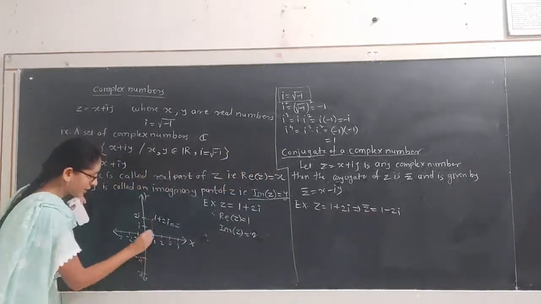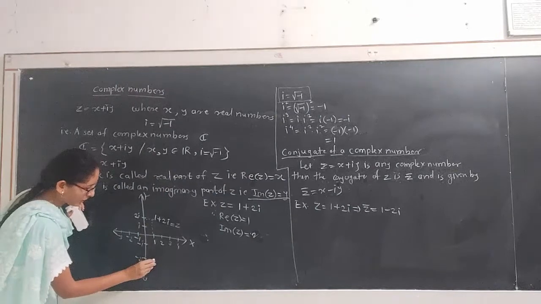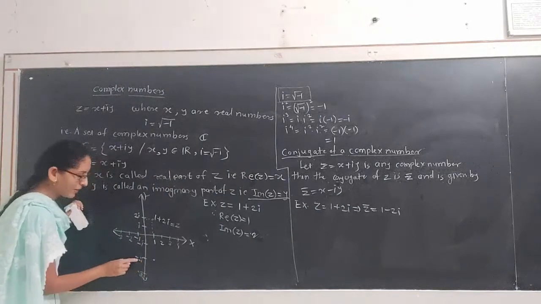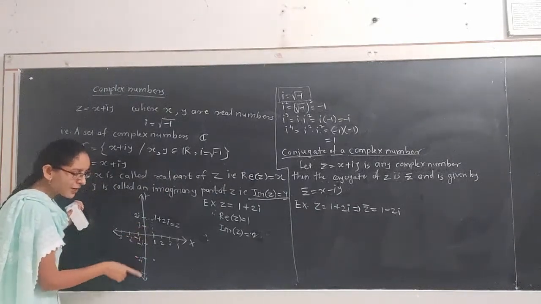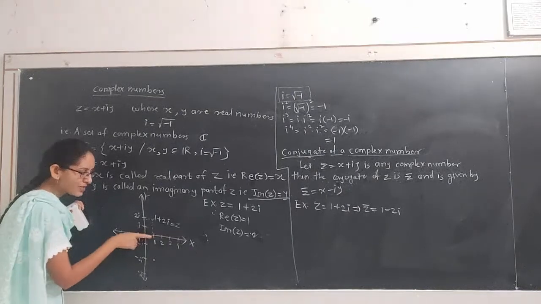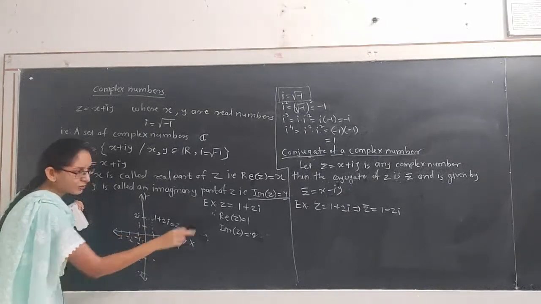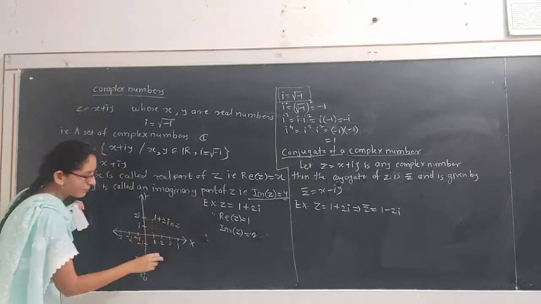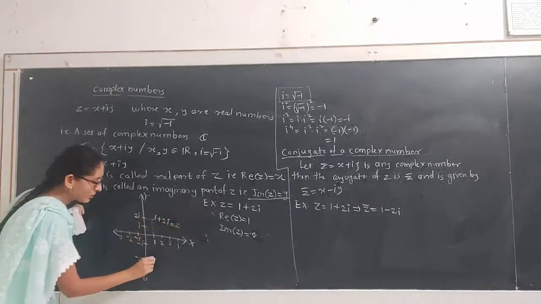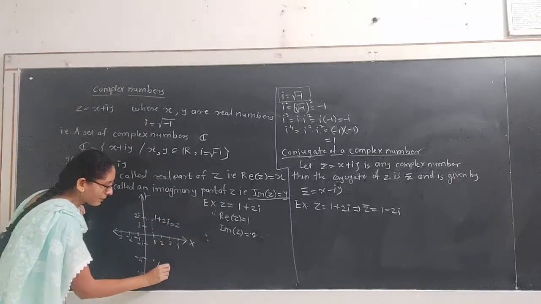So it will be in the last quadrant, the fourth quadrant: 1 minus 2i, because minus 2i is on the negative side of the y-axis and 1 is on the positive side of the x-axis. The conjugate of the complex number z, as z bar, is here, 1 minus 2i.